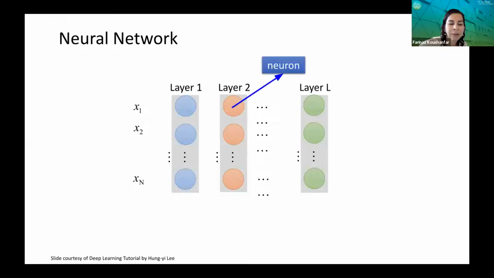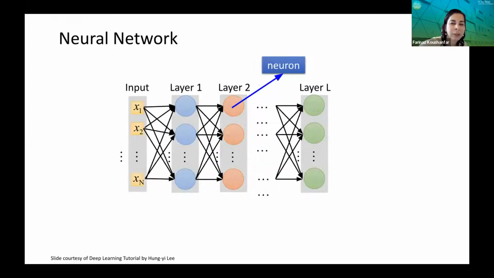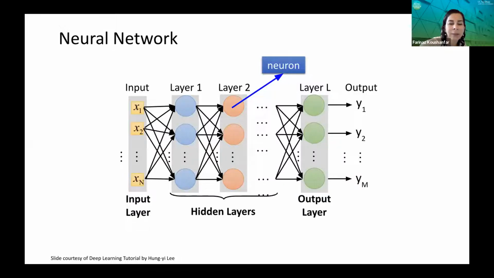These different layers, each of these are also called neurons in each of the layers, and then the input is connected to these layers, and the output is taken out of these layers, and the middle layers are often called the hidden layers.